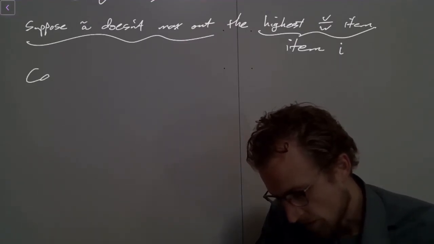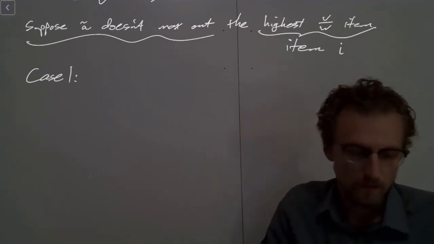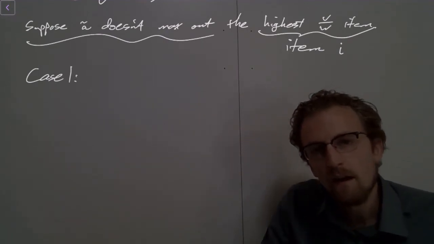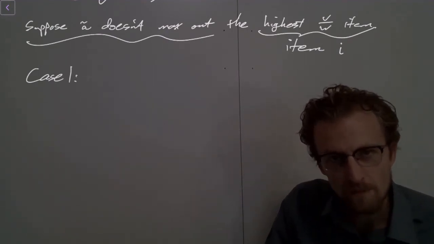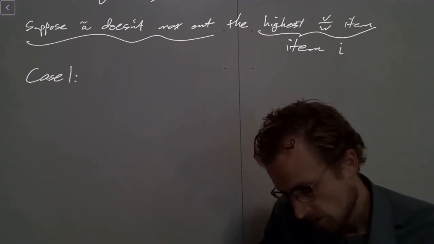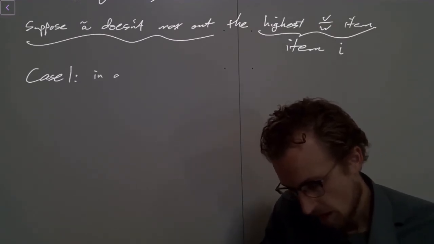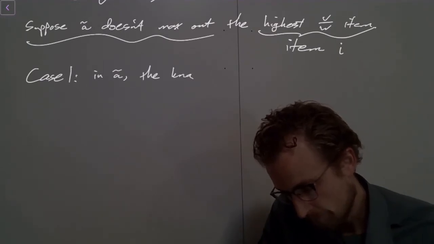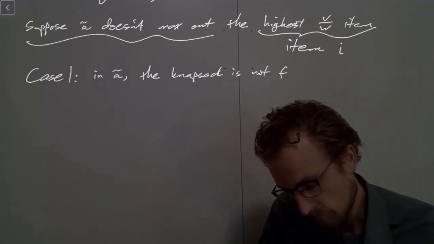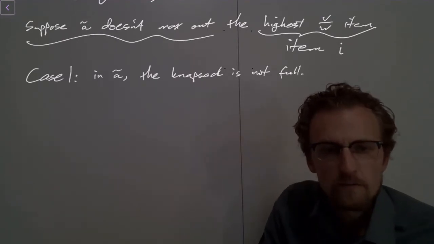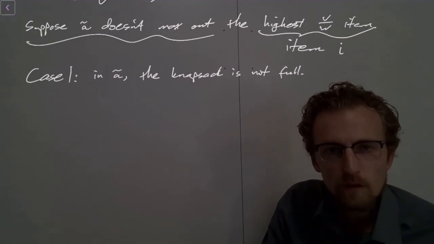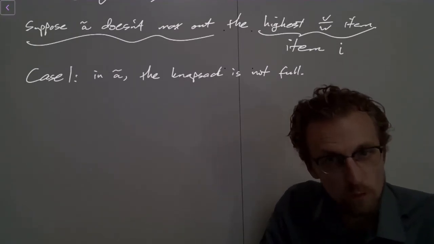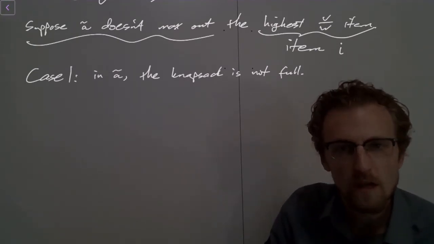Case 1 says, let's suppose that there's empty room in the knapsack. So in A tilde, the knapsack is not full. Okay, what does this say? Well, if the knapsack is not full, then there's some empty room where we could put more stuff.